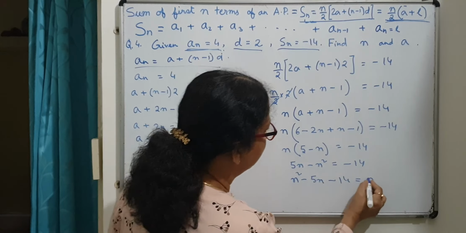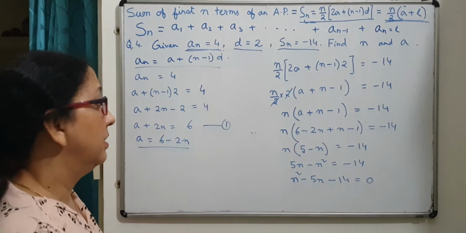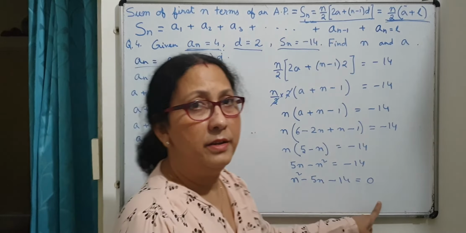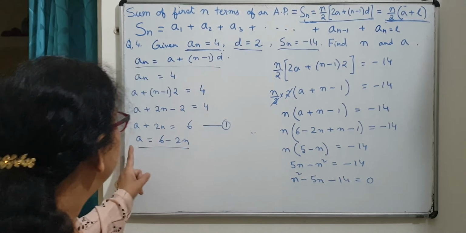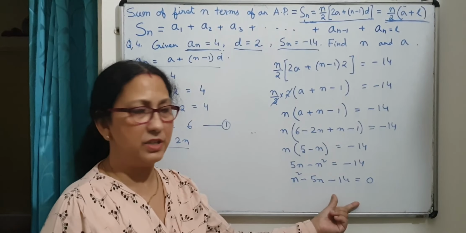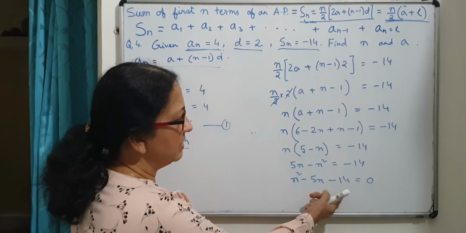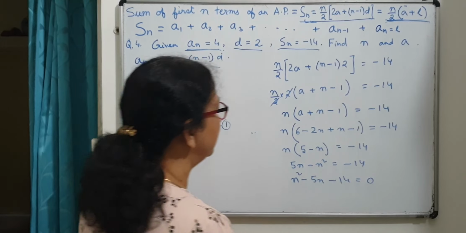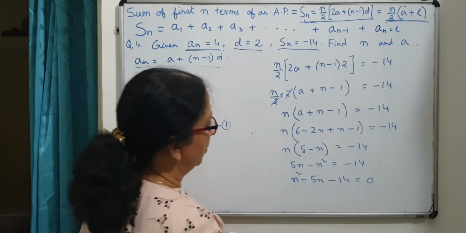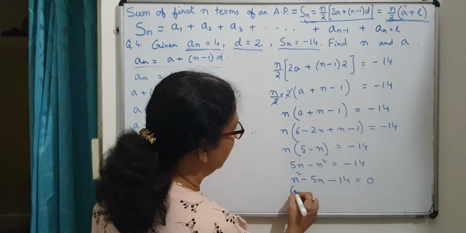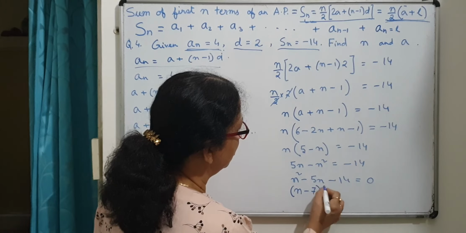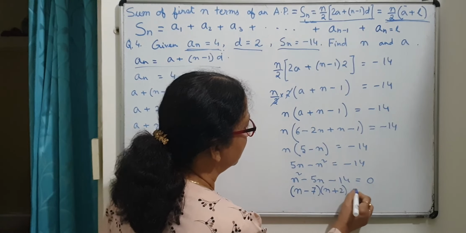So I am ending up with a quadratic equation in n. This can be solved very easily by the method of factorization. Splitting the middle term, it will become n minus 7 into n plus 2 is equal to 0.